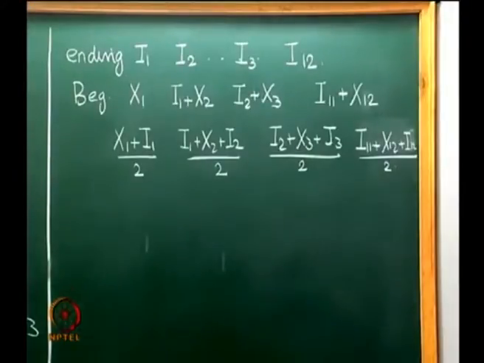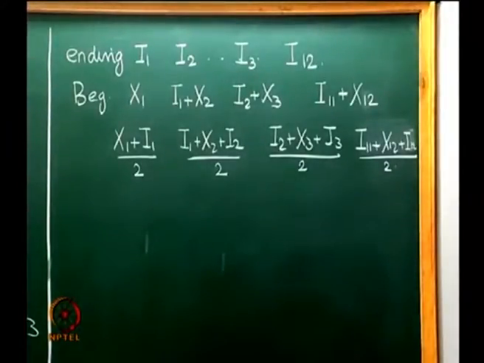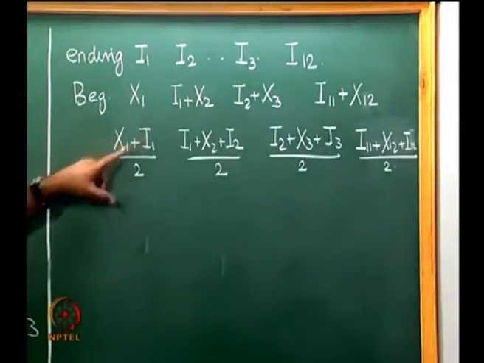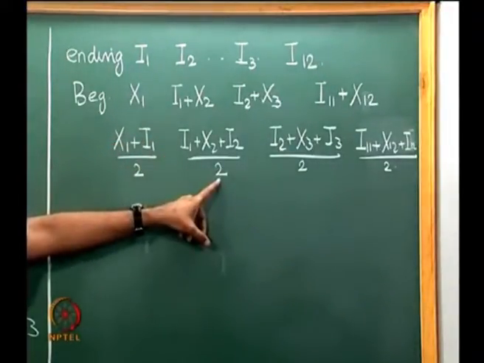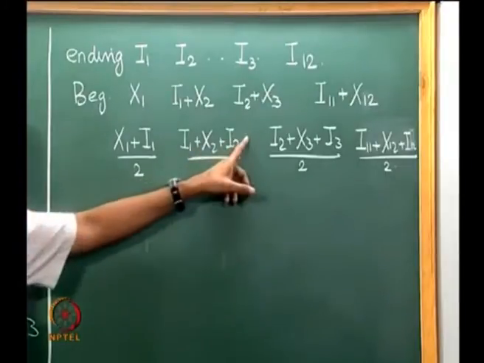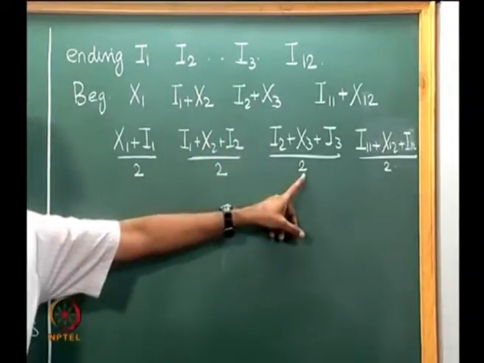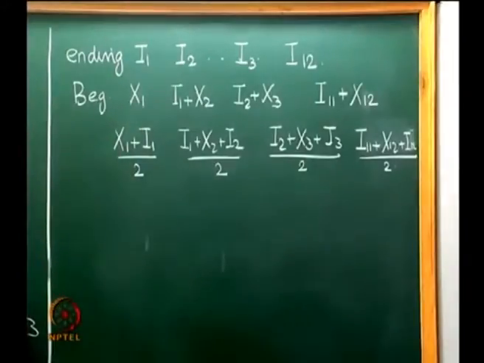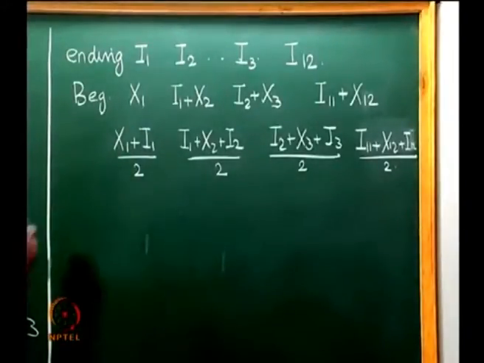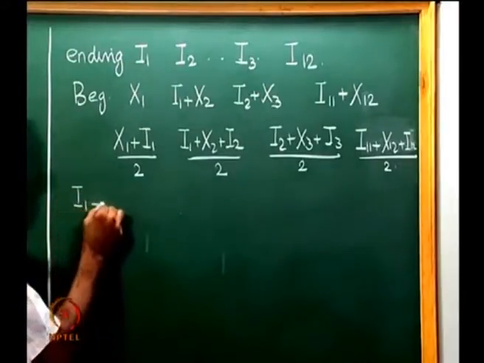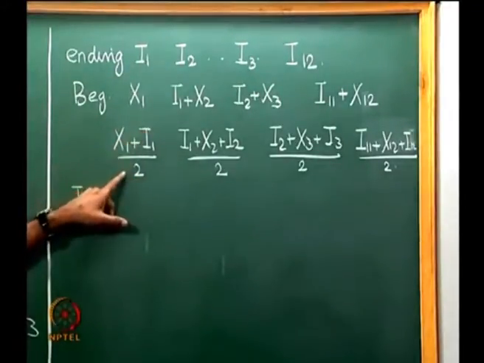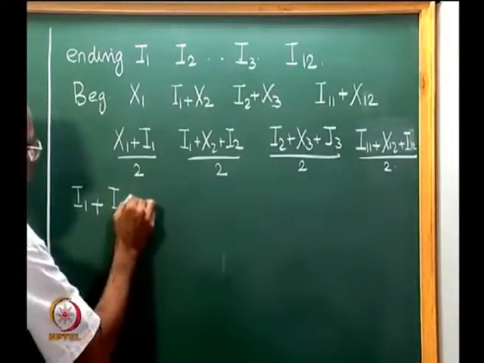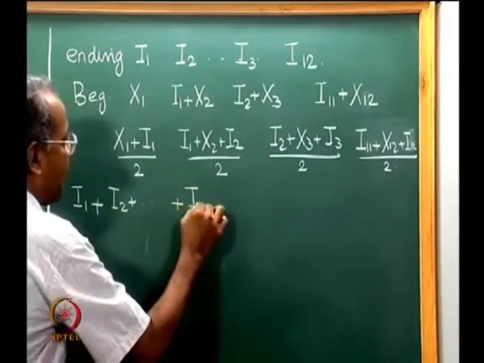So if we sum all the average inventories, we will get the I1 divided by 2 appears here, I1 divided by 2 also appears here. Similarly, I2 divided by 2 appears here, I2 divided by 2 appears here. So when we take only the I1, I2 up to I12 terms, we will have I1, because I1 divided by 2 plus another I1 divided by 2. So I1 plus I2 plus up to I11.